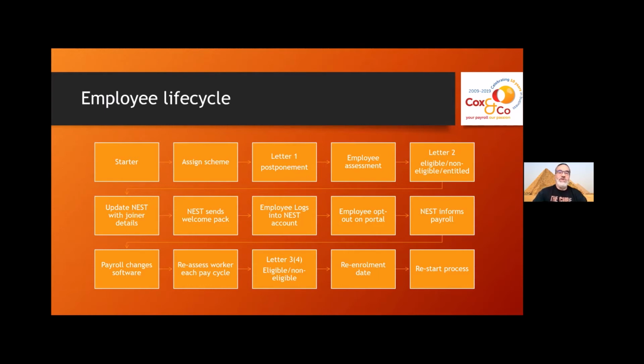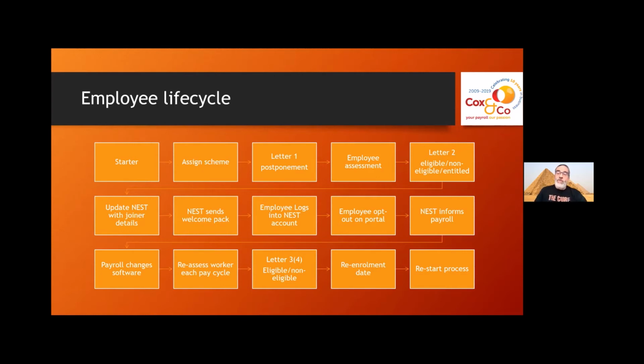That's obviously the critical part of it. So postponement is very common. I think more employers postpone than don't. But if they postpone, then they need to get that step one of the communication process saying, we have postponed you, you can join if you want to.